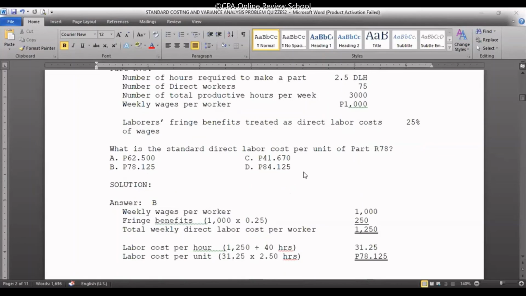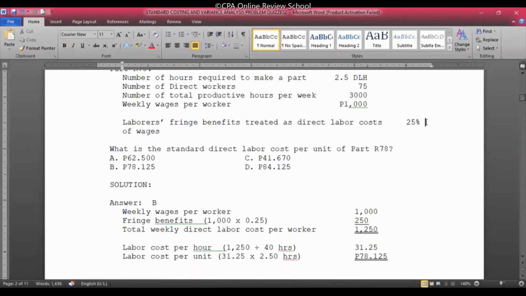Ang tinatanong niya ulit, what is our standard direct labor cost or yung direct labor rate natin? Now, magkano yung weekly wages per worker? Sabi niya 1,000. And yung fringe benefit niya doon, you have to account for this one first. Your 25% of 1,000 is 250. So, ang weekly direct labor cost mo, 1,250.